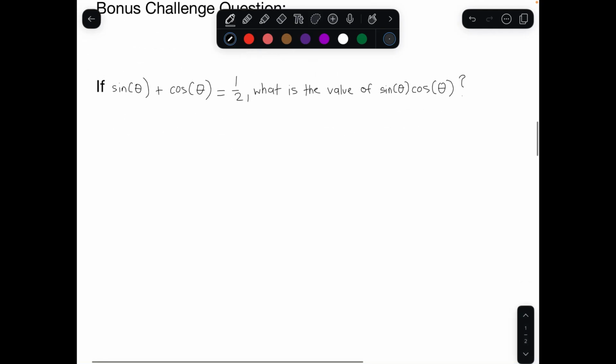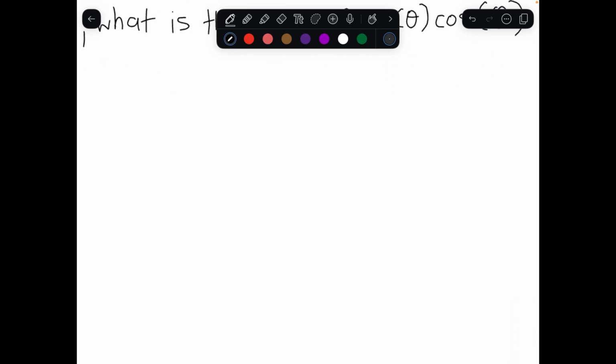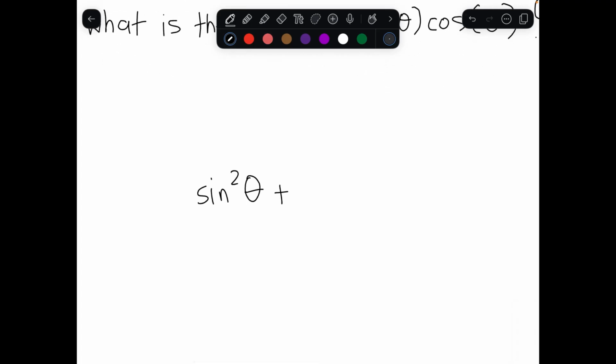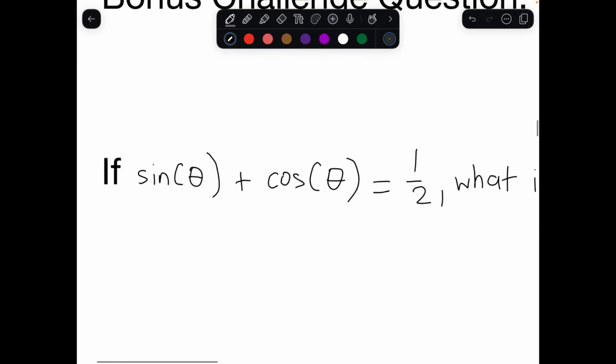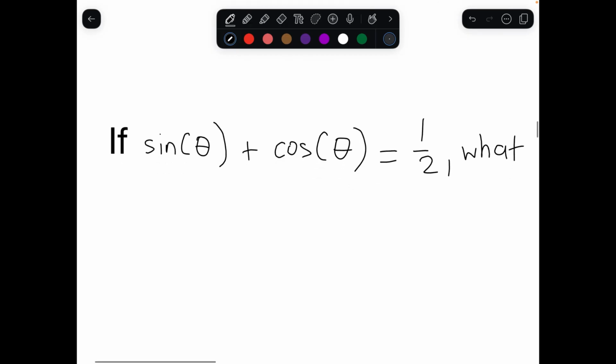Okay, so for this question, you need to know the identity sine squared theta plus cos squared theta equals 1. And why this is important is because if you had no idea what to do, your best bet would be to square this, and I'll show you why.